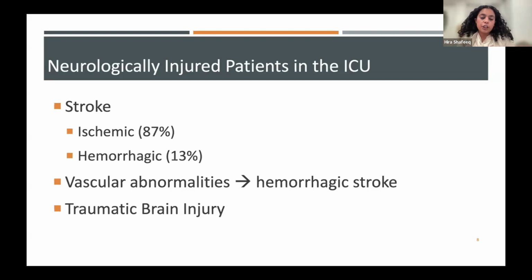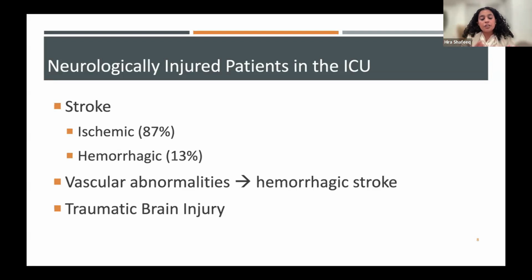It's also important to know that a very small number of patients who come in with ischemic stroke will end up getting the TPA alteplase in the ICU, but then have a hemorrhagic conversion, meaning that we gave them something for the management of stroke, and that medication itself can cause a hemorrhage and then worsening. So all those things are important points to remember.